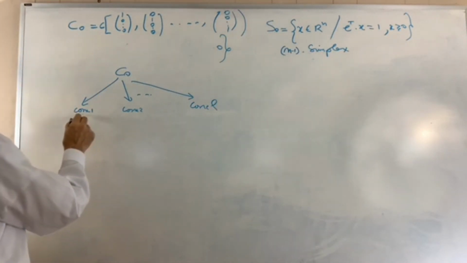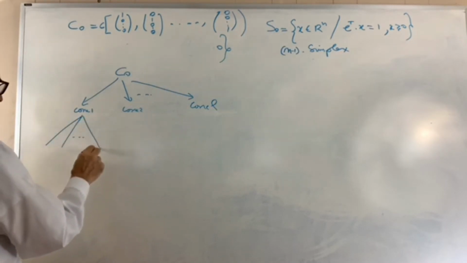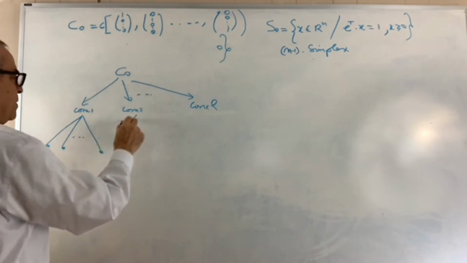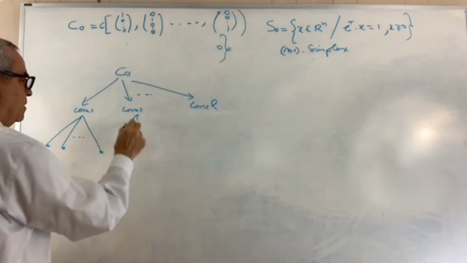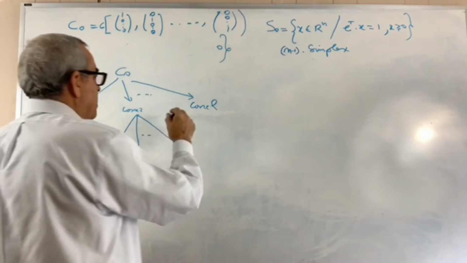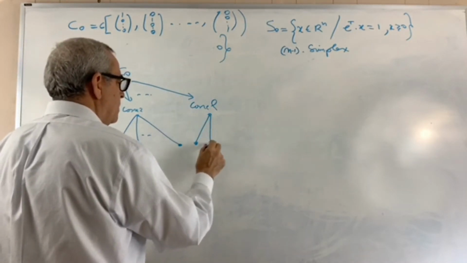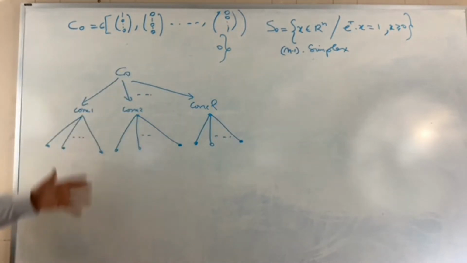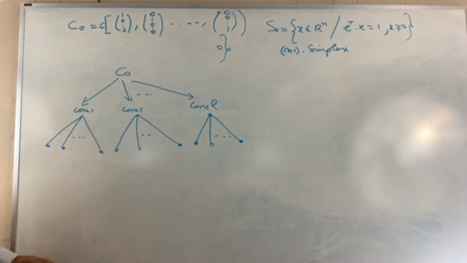Then we could take this cone 1 and subdivide it into multiple cones. We could take this one also and subdivide it into multiple cones. And same thing with this at the end, and so on. So we could go through the subdivision process.